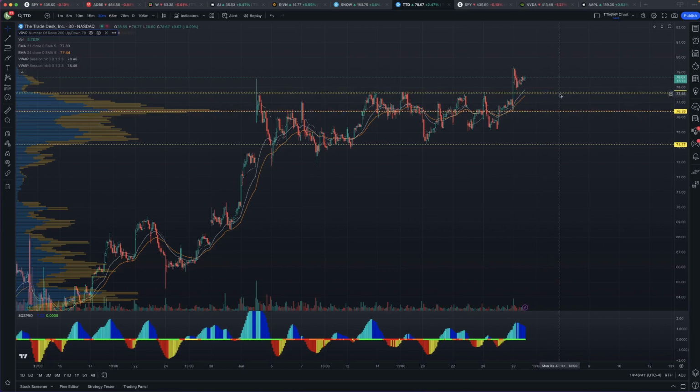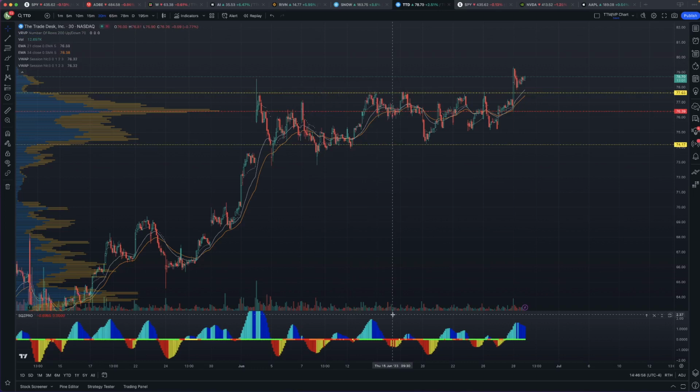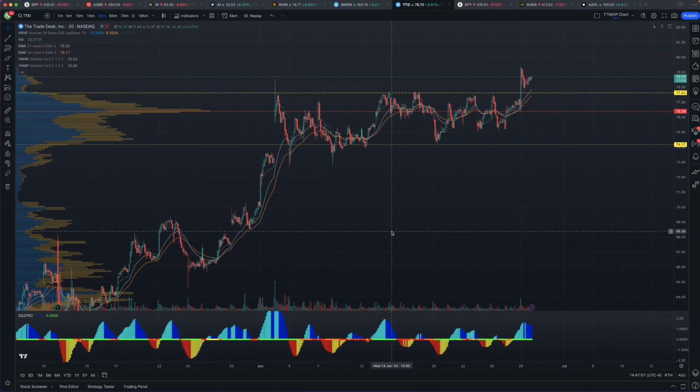I like to make my support and resistance levels yellow, and my point of control level red. Then I'm going to turn off that point of control because it shifts as you move through the chart.